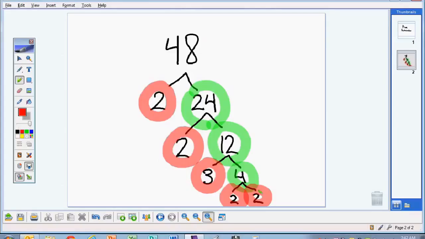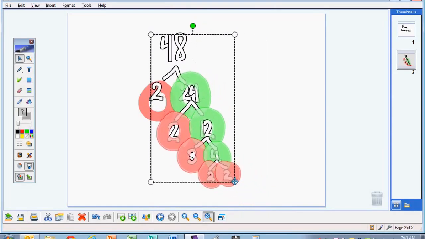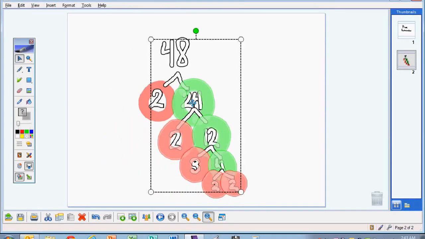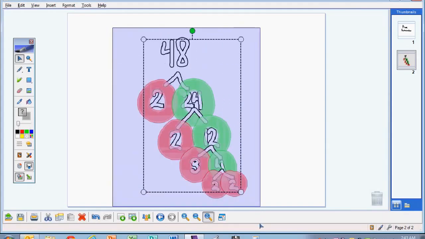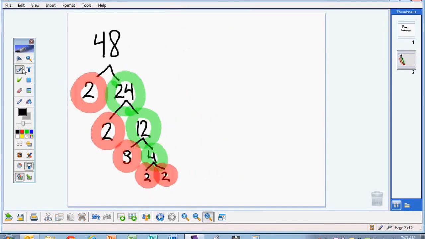Okay, that is our process for finding the prime factorization, but we are not done. I then take these numbers and I'm going to just move them off to the side for a second. My prime factorization is the process of multiplying every prime number.